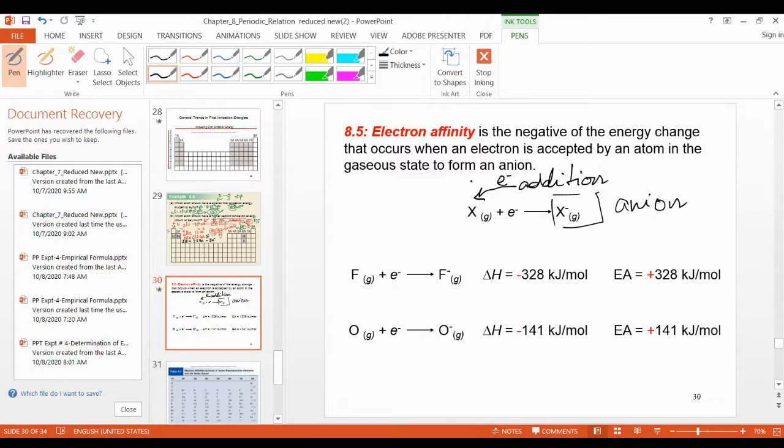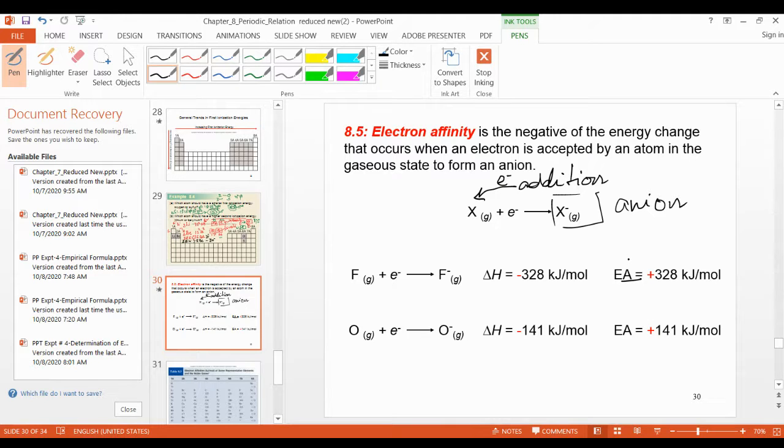Fluorine has more electronegativity than oxygen. See, minus 328 and minus 141 kilojoules. This is actually electron affinity, right? Electron affinity means attraction.